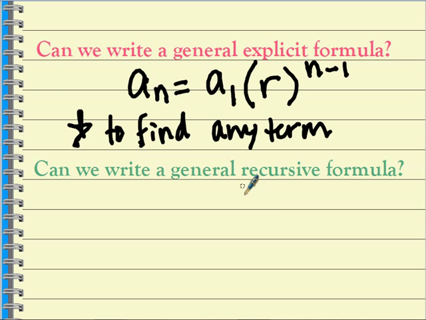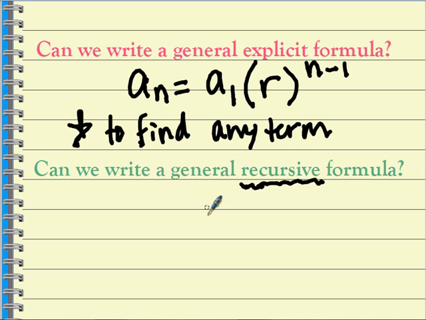There's also something called a recursive formula. A recursive formula is simply notation that tells me how to find the sequence. Recursive means to write out every term in the sequence until you get to the one you want. That needs to go in your notes.